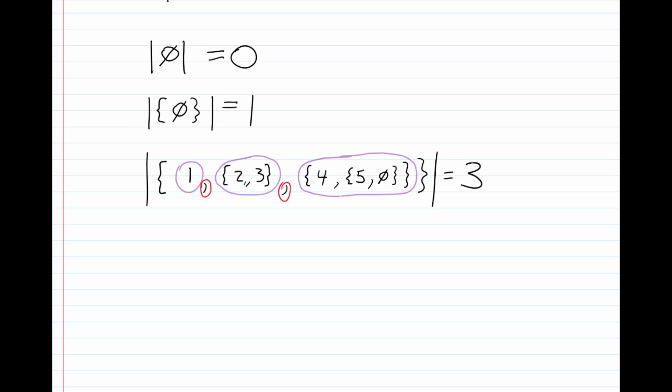All right, now I just want to do a little bit of practice with set builder notation. We went over that in lecture 1. What if I wrote this?